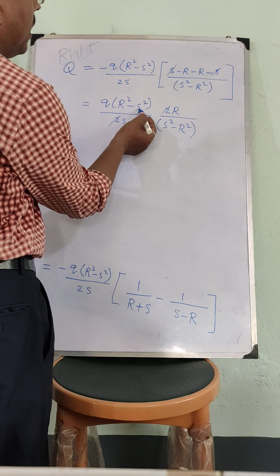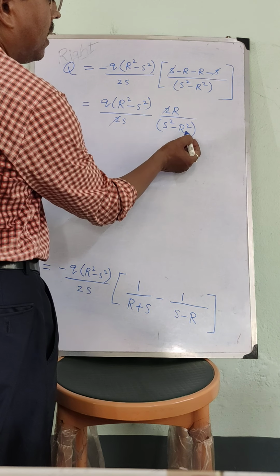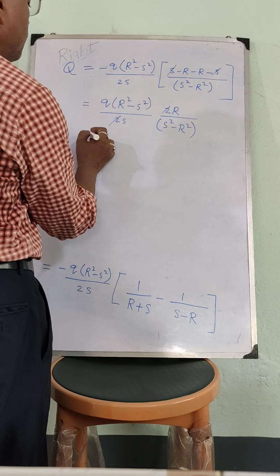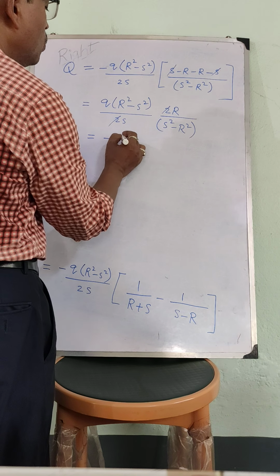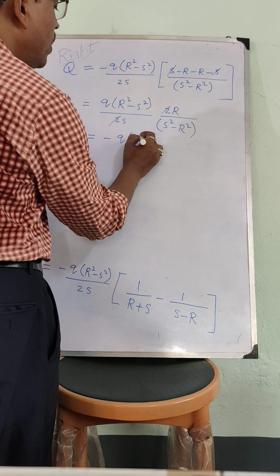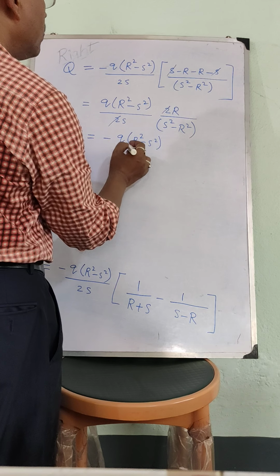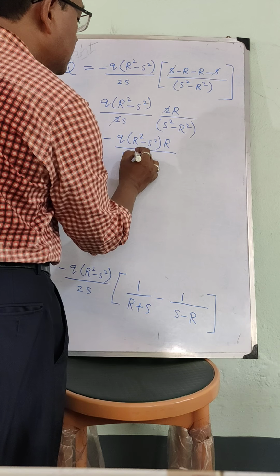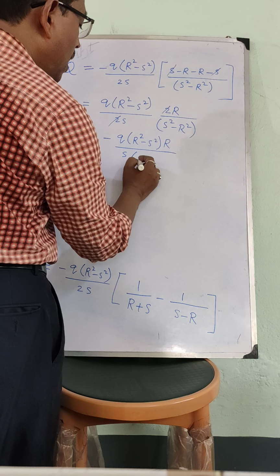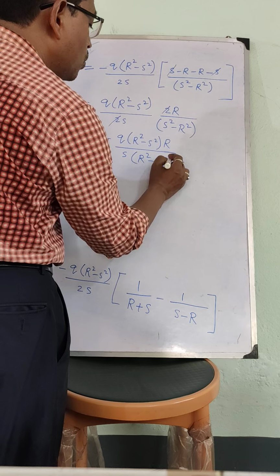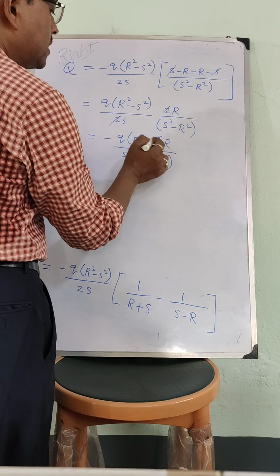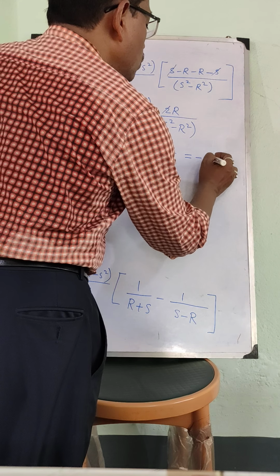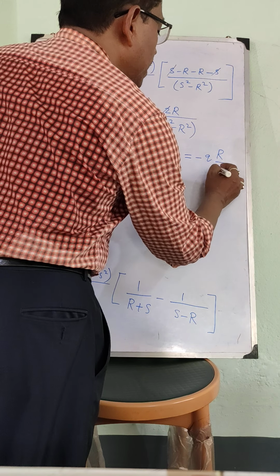Here I have r square minus s square, here I have s square minus r square, so if I change, one minus sign will come. So minus q r square minus s square into r divided by s. Now this term cancels, so we get minus q capital R by s.